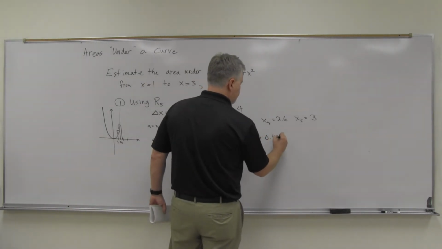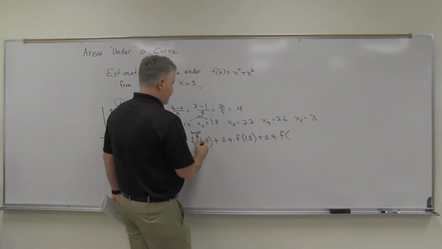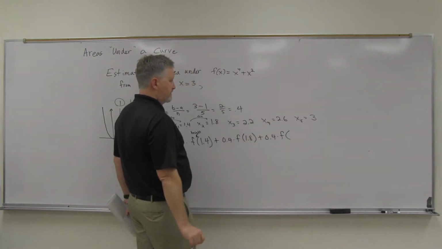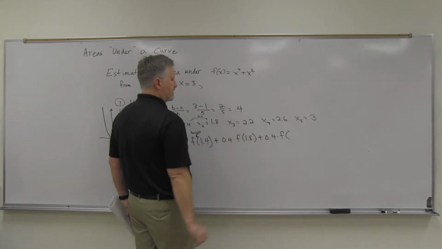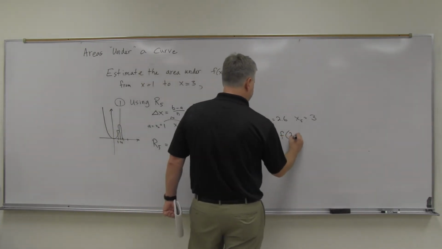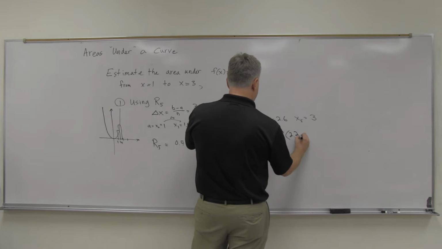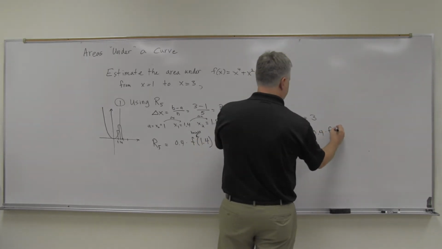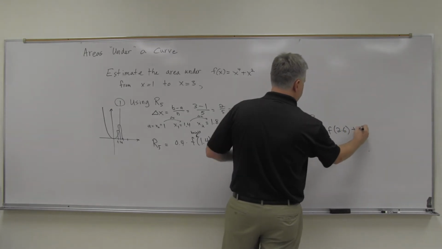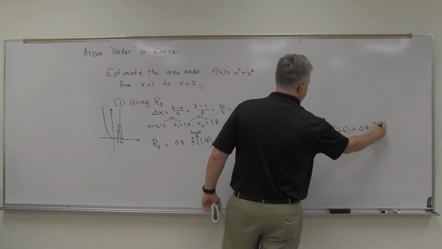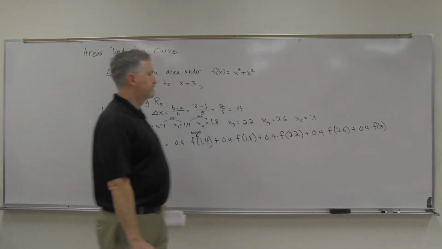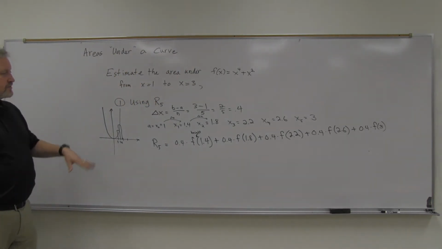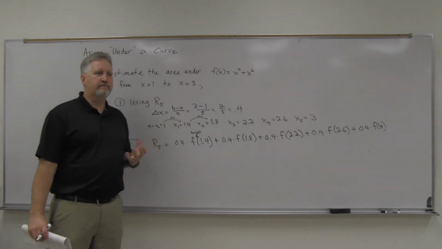So they're all basically the same. It's 0.4 times the height, which is the function value at each of these subinterval endpoints. The next one would be 0.4 times f of 2.2, then 0.4 times f of 2.6, and the last one is 0.4 times f of 3. With me there? The function values are what give me the heights.